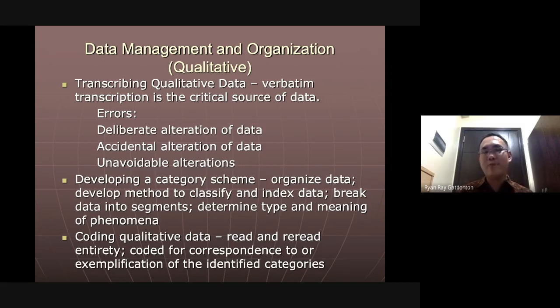So, the first step to manage your data is to transcribe it. So, in transcribing, you do your best to write everything that has been spoken by the interviewer and the interviewee. No? However, when you do that, it's difficult because there's a natural tendency for us to omit something.